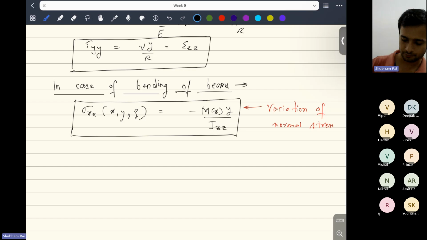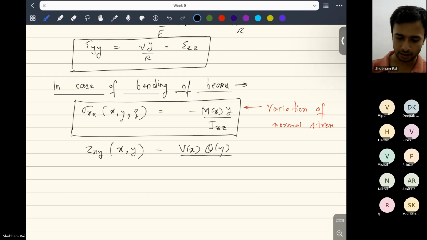And then you have tau xy as well, which is again a function of x and y. The expression for this is V(x) times Q(y) divided by Izz times V(y).